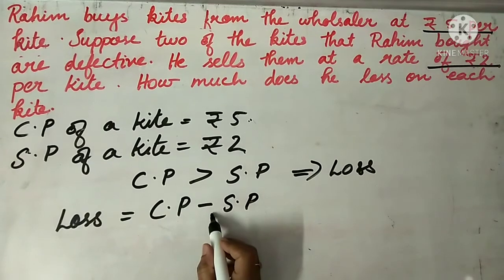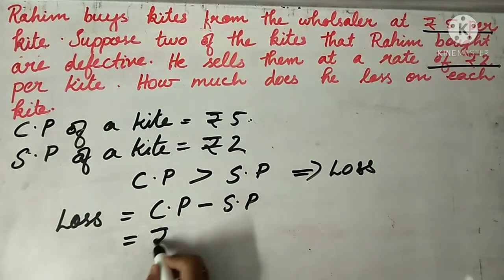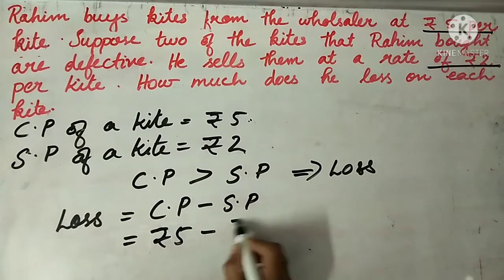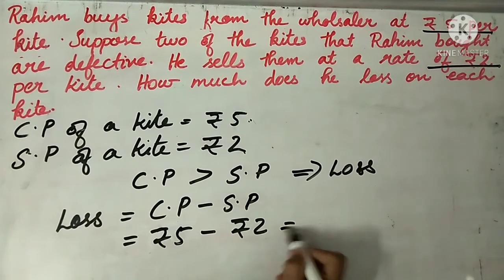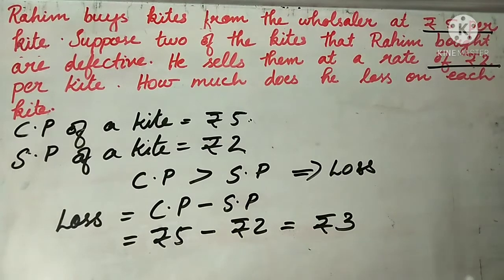Cost price minus selling price. While substituting, we get rupees 5 minus rupees 2. That is equal to rupees 3. So Rahim lose rupees 3 on each defective kite.